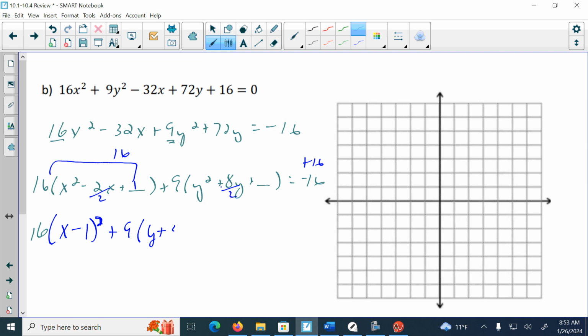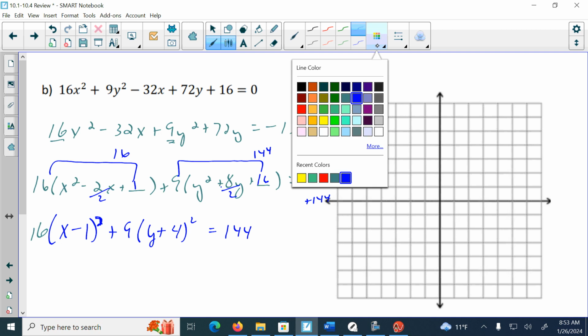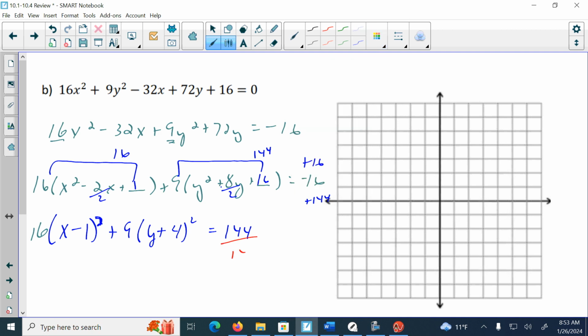Half of 8 is 4. 4 squared is 16. I'm putting a 16 here. I'm really adding 9 times 16, which is 144. So when I add those all up, I get 144. Divide everything by that 144.